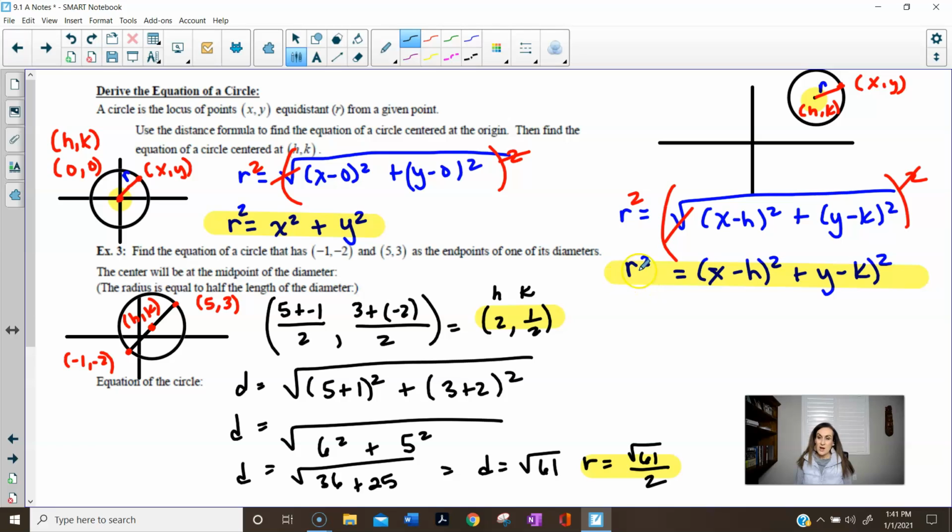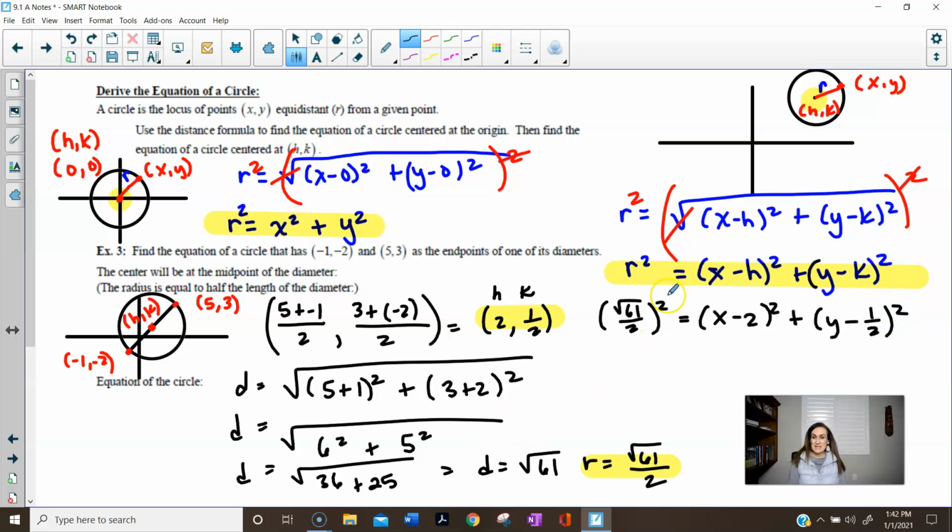So it would be r squared, and so this would be the square root of 61 over 2 squared is equal to (x subtract h, which is 2) squared, plus, oh, I forgot the parenthesis up there, (y subtract k, which is 1/2) squared.